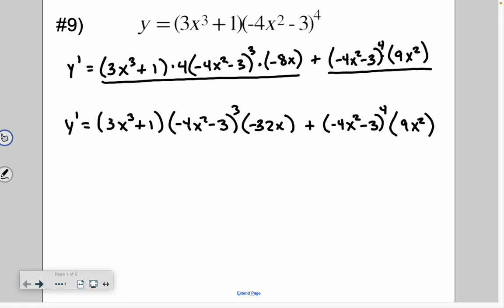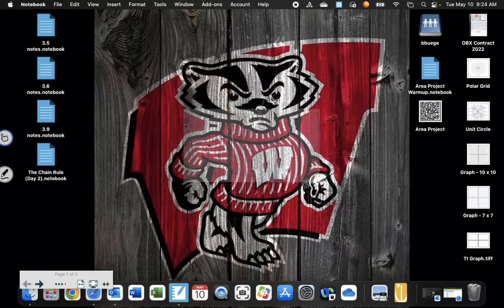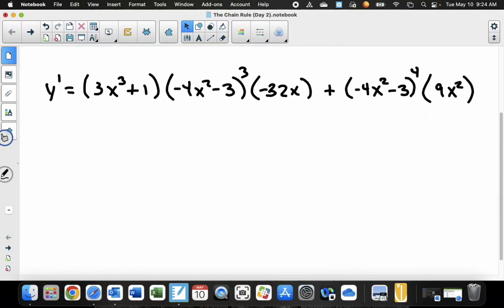Here's where we now are going to put this into factored form. So again, you have to see this as one whole thing, and you have to see that as the other. So here's where we go. Let me preface this by saying, the reason we want our answers in factored form is because if you go on and take calculus next year, whether in high school or college, you take derivatives and set them equal to 0 and start solving.